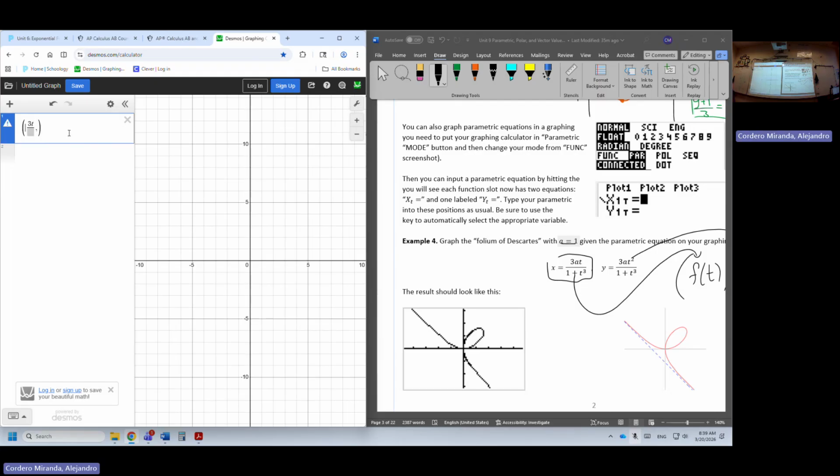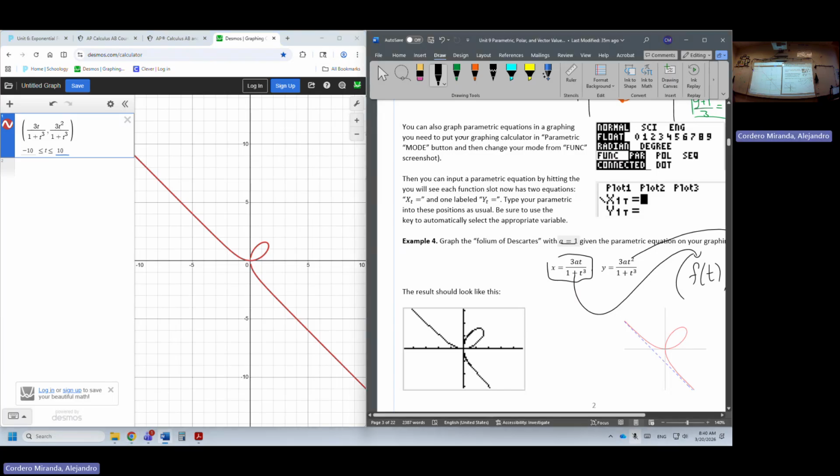The equation should be 3t over 1 plus t cubed, comma, 3t squared over 1 plus t cubed. And we don't get the loop, and that's because we didn't go far enough in the t direction. So let me change the t restrictions from -10 to 10 or something. And then you get that loop that they have here. Cool, and that's true for all these other equations.